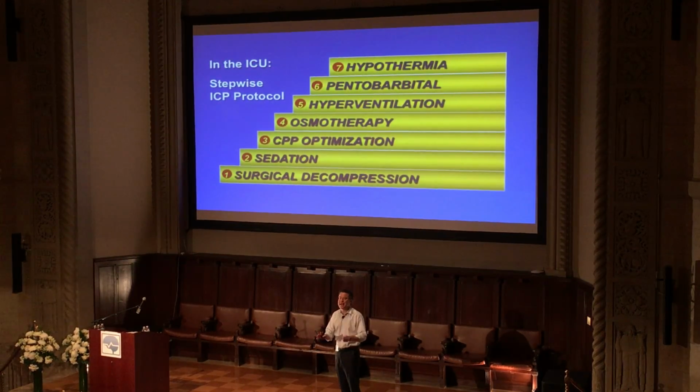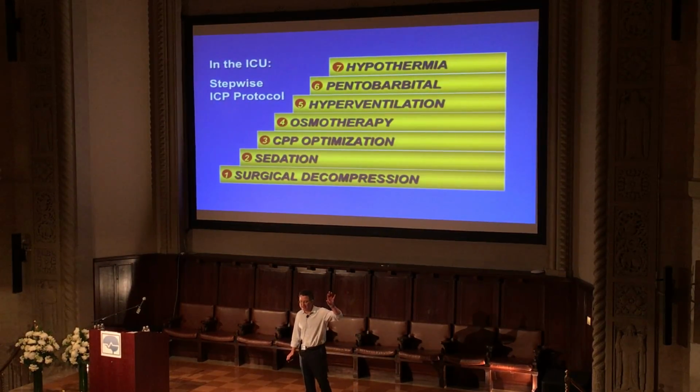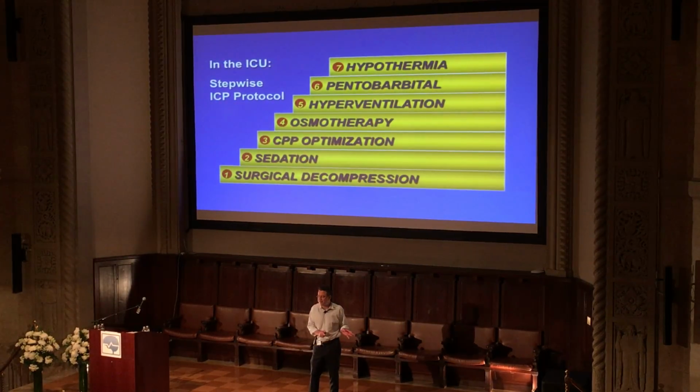So then the next steps that almost always actually occur together in tandem: bolus osmotherapy and controlled hyperventilation. So notice I put hyperventilation a little bit later in the algorithm. I want a PCO2 around 38 to 40 to start. And theoretically, the reason why is that the effects can wear off.